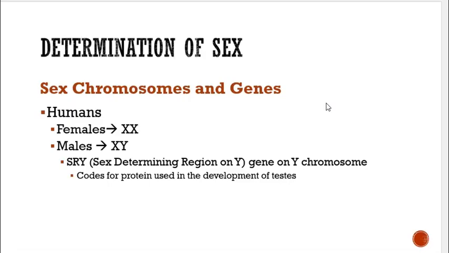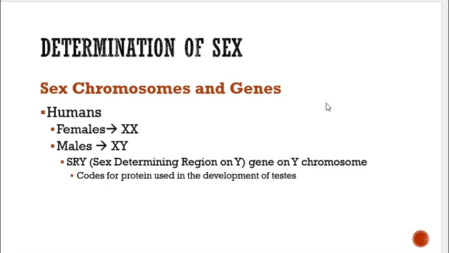This is the gene on the Y chromosome that is responsible for the development of the testes. It codes for the proteins that initiate the development of the sex organs. There hasn't been a comparable gene found on the X chromosome for females.